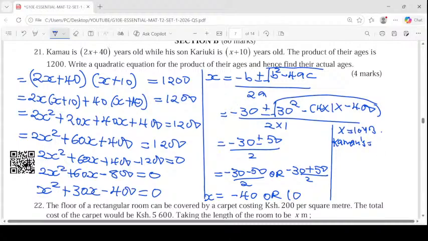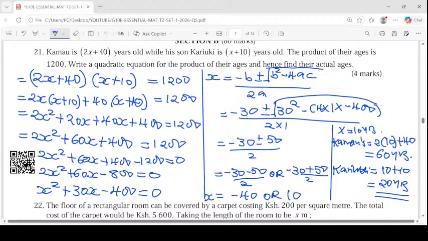Kamau is 2x plus 40, so that will be 2 into x, which is 10, plus 40. This becomes 20 plus 40 to give you, Kamau is 60 years old. Then we have the son called Kariuki, x plus 10, so that is 10 plus 10, exactly to give you 20 years. So that is how you get their ages, and that's how you get your 4 marks for that question number 21.